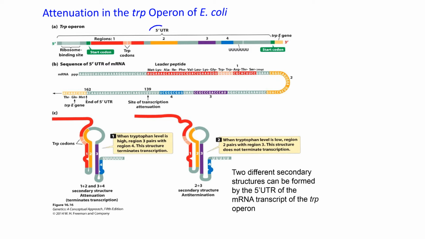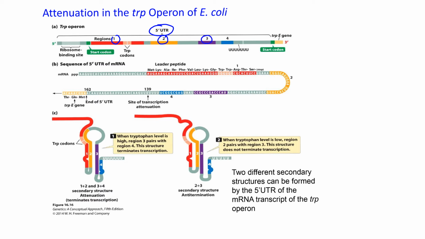This long UTR is composed of 4 regions. The sequence of region 1 is complementary to region 2. The sequence of region 2 is complementary to region 3, and region 3 is complementary to region 4.